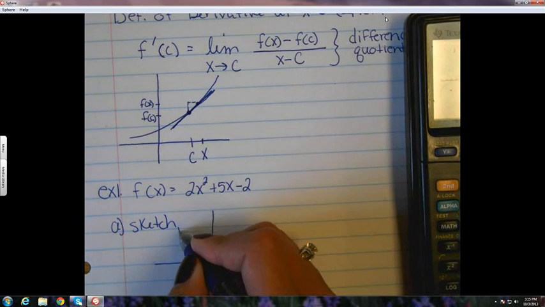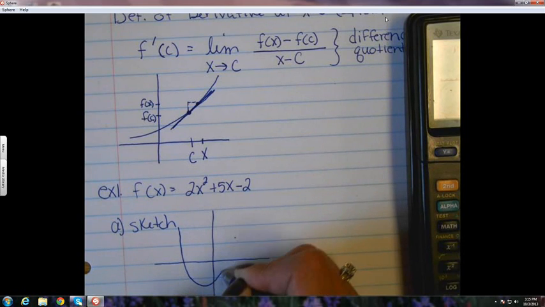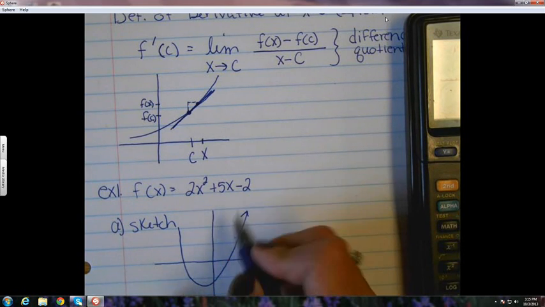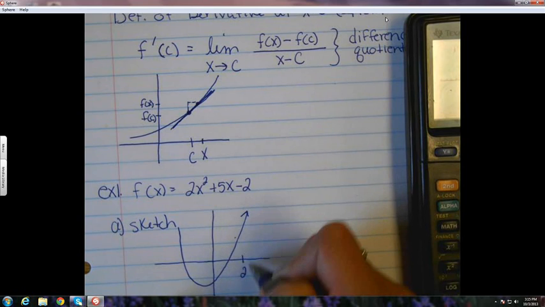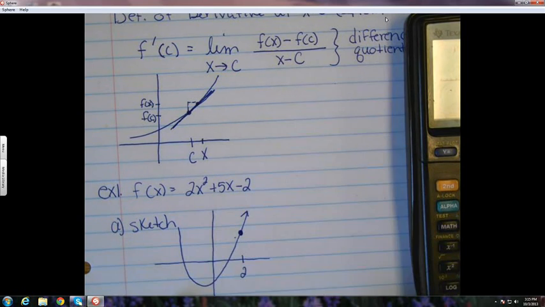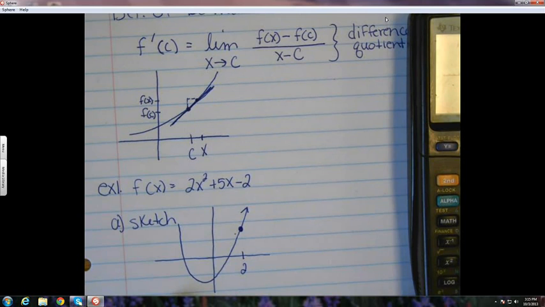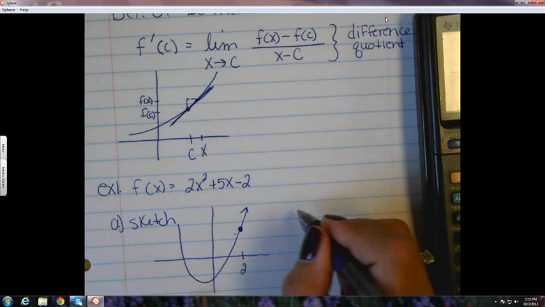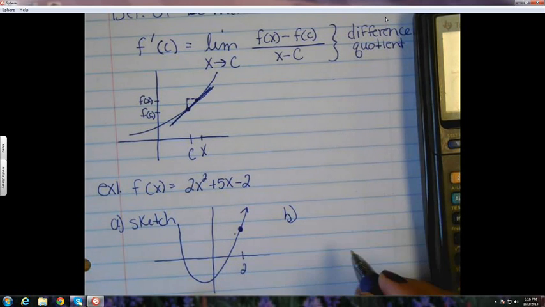So our goal is to estimate the derivative there at 2. So what we're going to do first is use our Chapter 1 estimate.